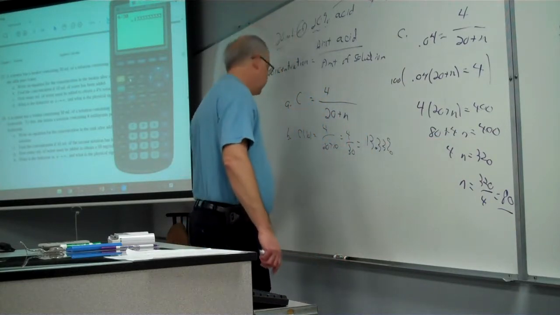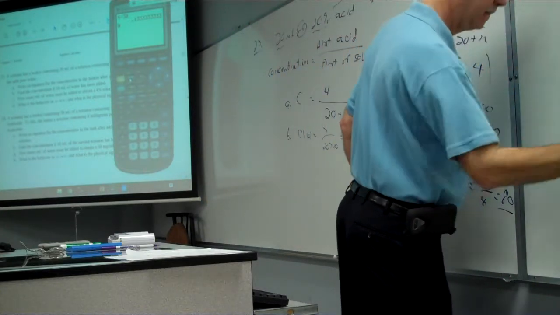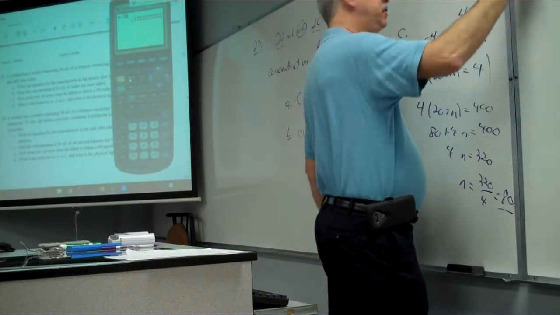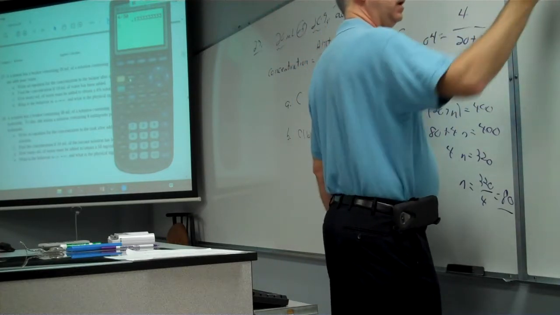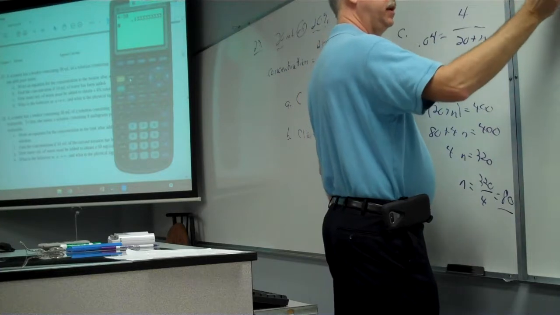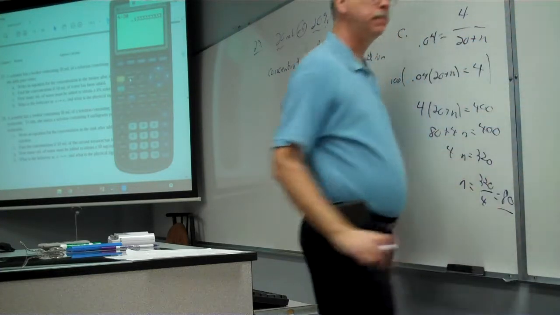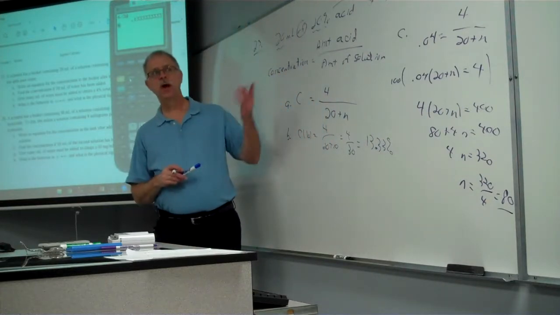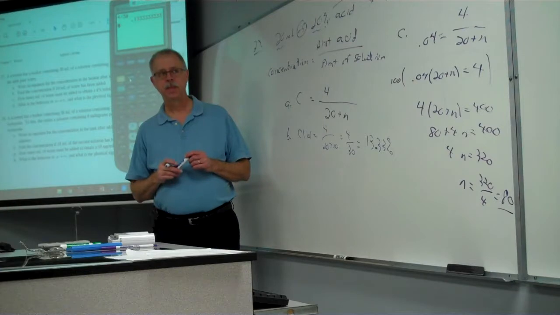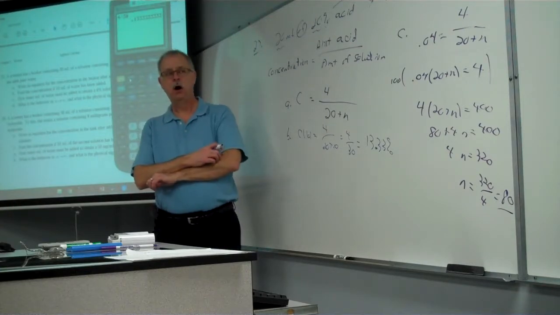And then the last question they asked, D, what happens as n goes to infinity. So our concentration again is 4 over 20 plus n. This is a rational function. Here, however, the degree of the numerator and the degree of the denominator aren't the same.